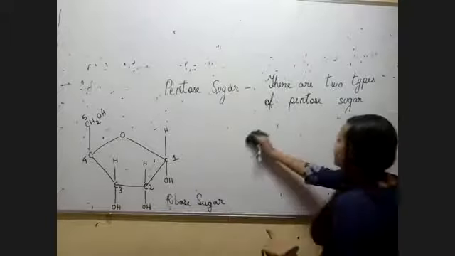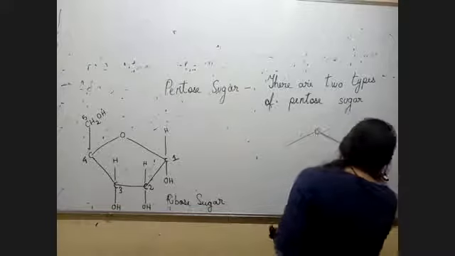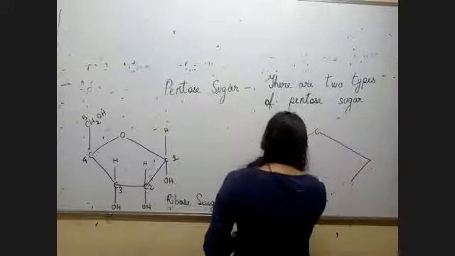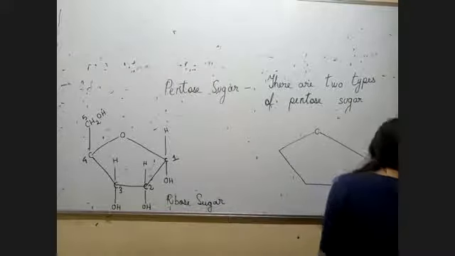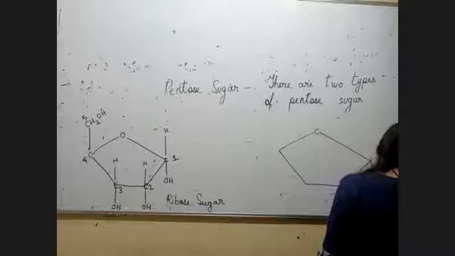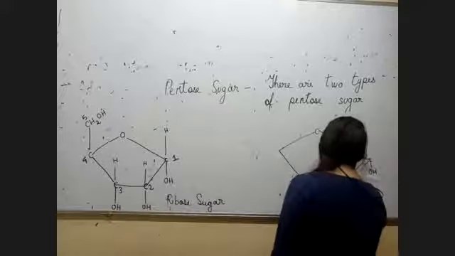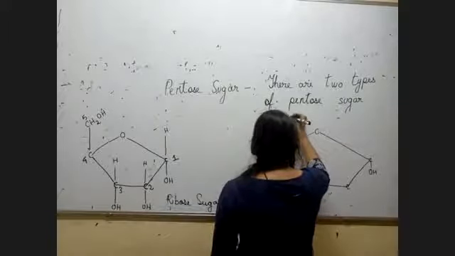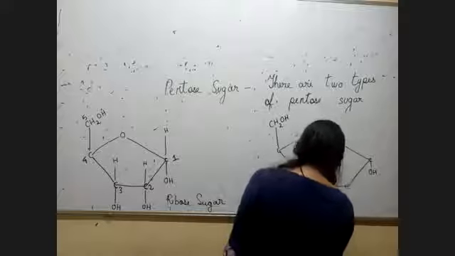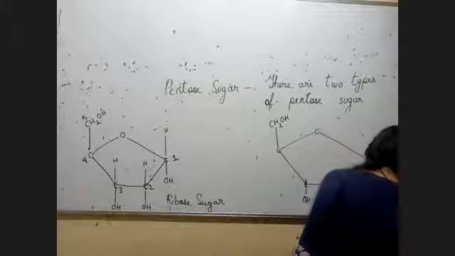That is why it is called deoxyribose, because in carbon number 2 there is no oxygen. All the positions are same, but in carbon number 2 there is no oxygen.